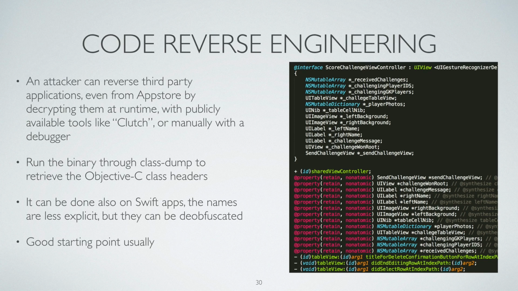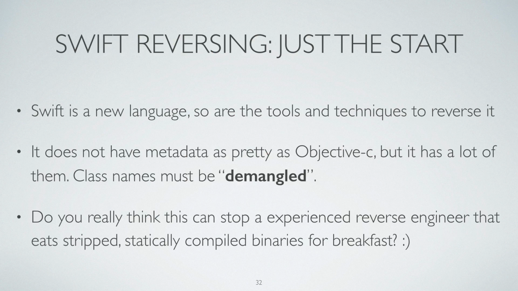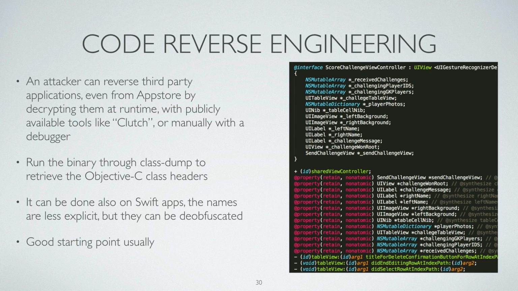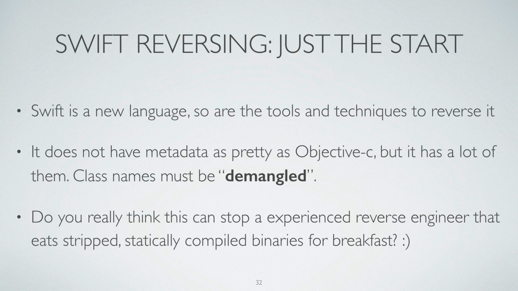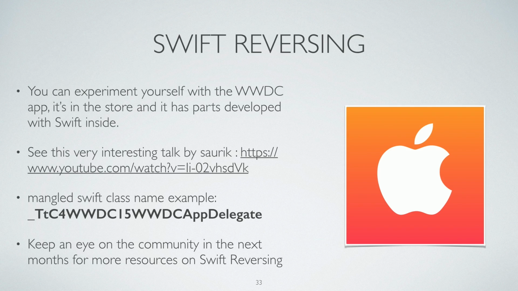With Swift it is a little bit different. Now we are just at the beginning of Swift reversing. Swift is very new, so the tools for reverse engineering it are a little bit behind. And like I showed you on this screen, Objective-C exposes to an attacker a lot of metadata, like variable names, property names, method names, because it's a very dynamic language. Swift is a little bit better about that, but it's still very rich in information.